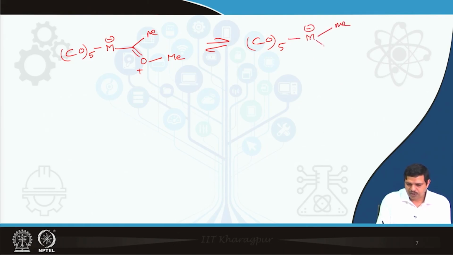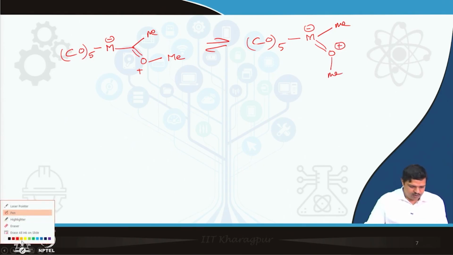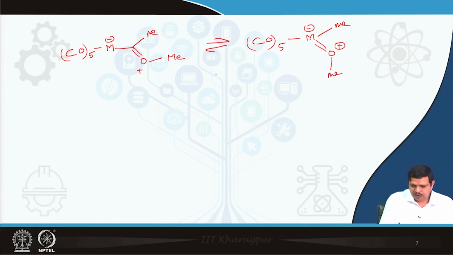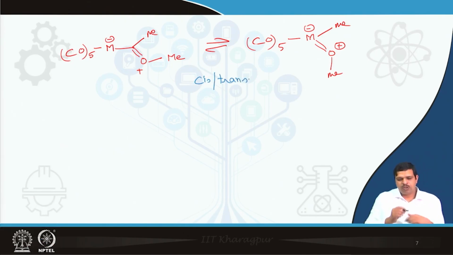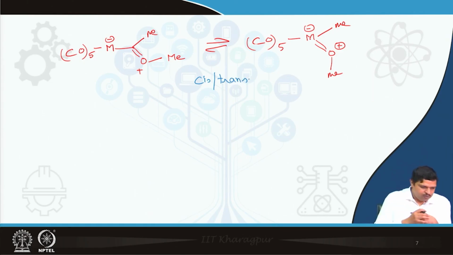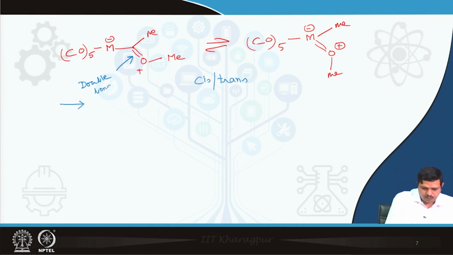So here you will see like this one. Now it is very clear that cis-trans type isomers are possible around the carbon oxygen double bond. Due to the double bond character, here you will see this is double bond character, however this one is single bond character.